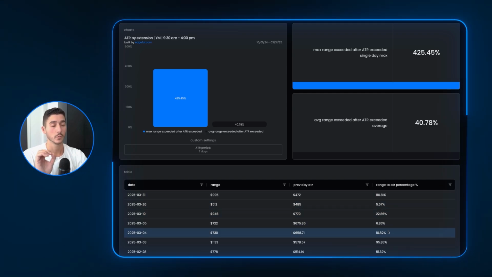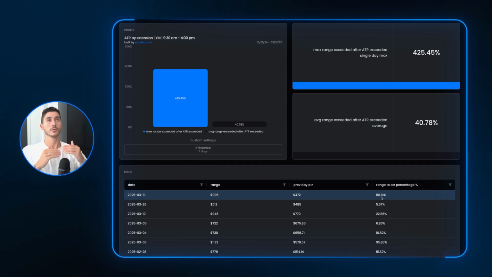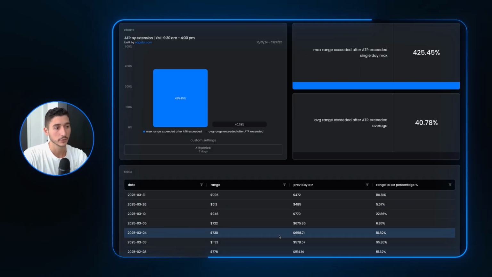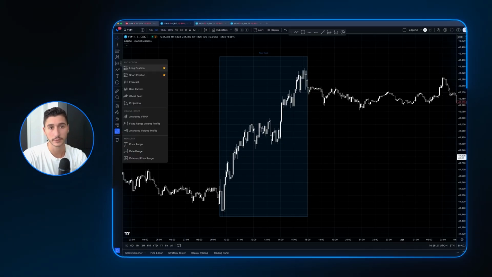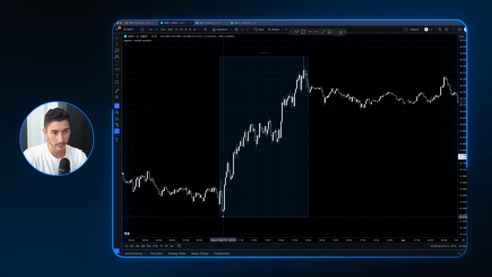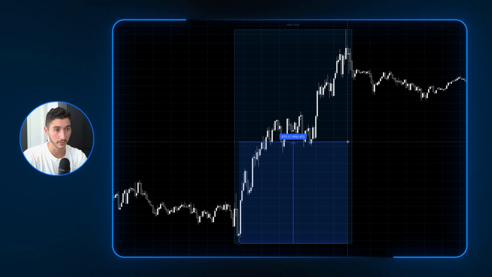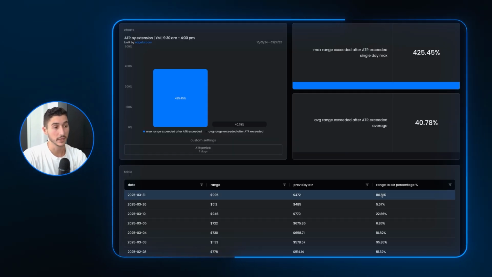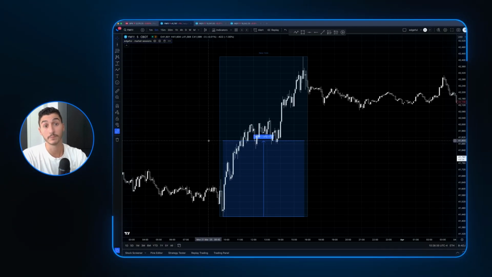So very, very important caveat here. This is only checking the excess piece. So this is actually an important note. Let me plot this out so you guys can see this. So 472 points from the low to the high. 472 was the ATR. So this is actually really important. Now, what this is saying is it went more than double in excess.